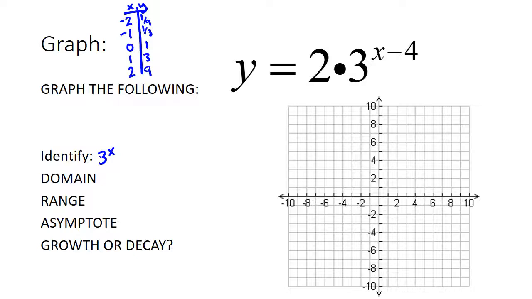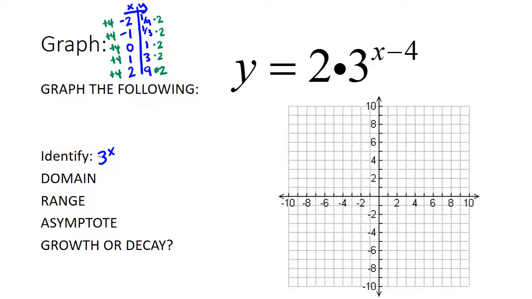So first make sure you know how to create your parent function each time. We then need to apply those transformations. If I read my function left to right, I need to multiply my y's by 2, my vertical stretch. Then I need to add 4, my horizontal shift, to the x's.